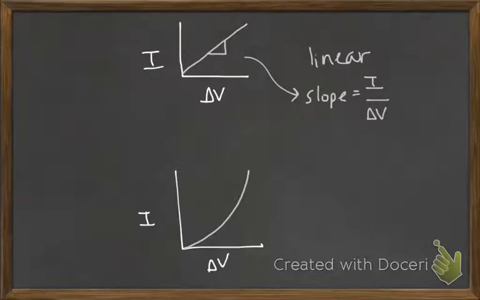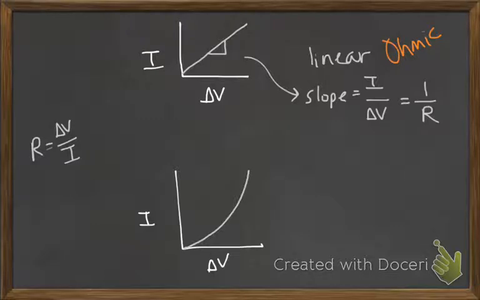If you were to change that up a little bit, we just had this equation: R is equal to delta V over I. And so this is flipped, right? So that's the same thing as 1 over R, or 1 divided by resistance, or resistance's inverse. That is considered to be ohmic material. And the one below, where you do not have a linear graph, so your potential differences are not staying constant, is considered to be non-ohmic.